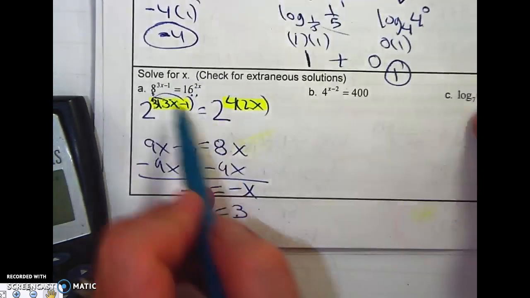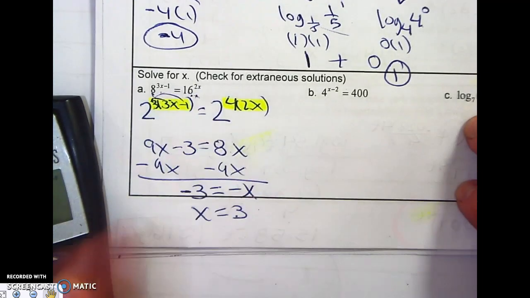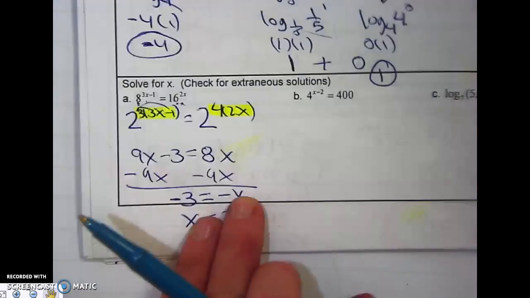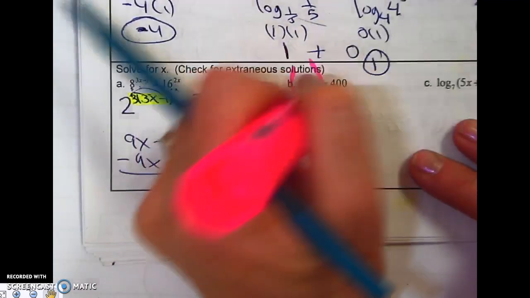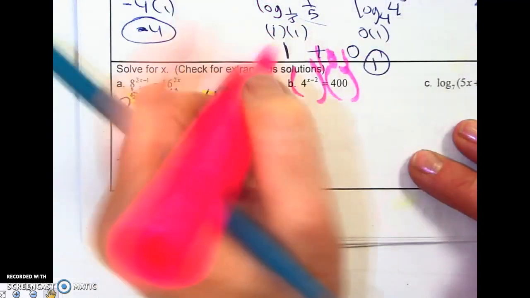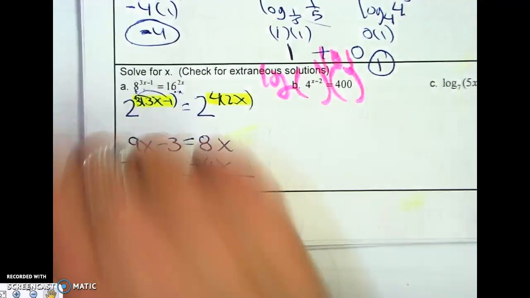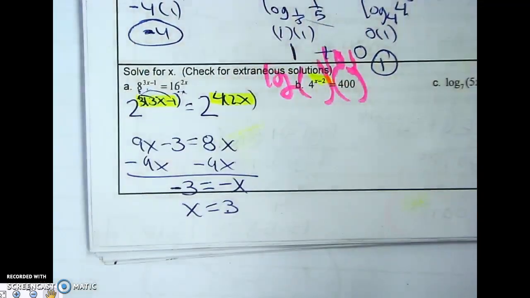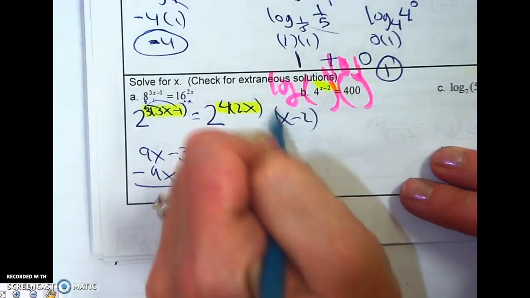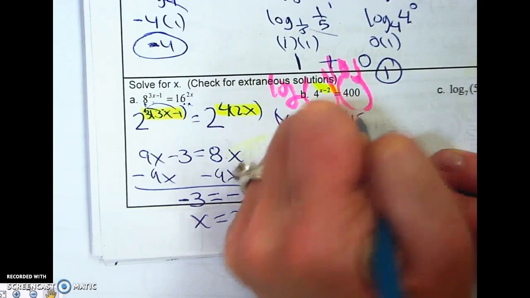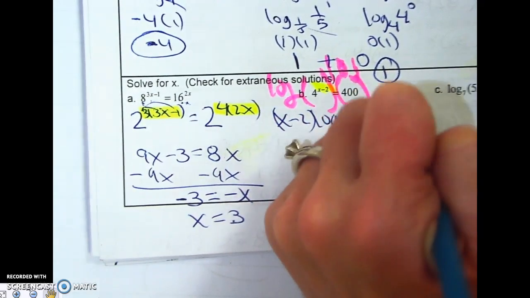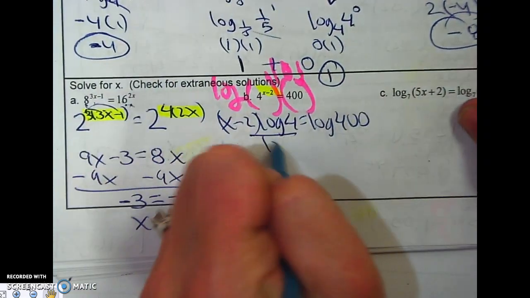The next one, the problem is here I was able to make the bases the same, but I can't do that here. So I have no choice. I have to log it. When you log it, little turns big. Log 4 equals log 400. Now remember, the goal is to solve for x, so divide by log 4.